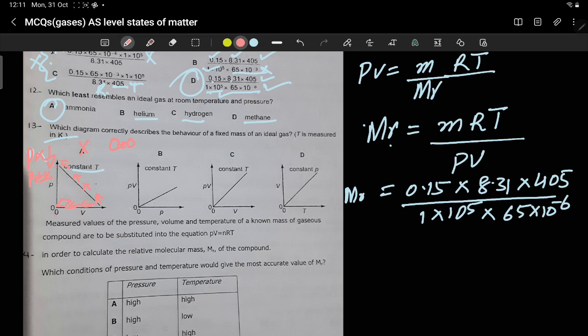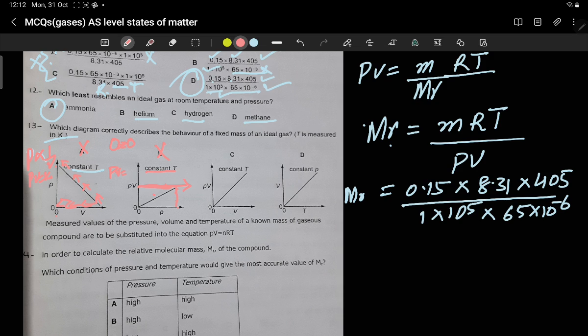PV is equal to constant. We know that PV is equal to constant, and by increasing pressure, PV is equal to constant at constant temperature. At constant temperature, PV will be a straight line. So this is not a straight line, so it is incorrect.